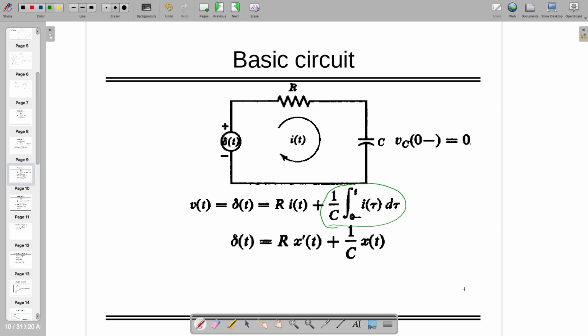I am assuming x prime of t, which is derivative of x divided by dt, is equal to I of t. Then this entire thing will be 1 by C times x of t, right? Just to make things easier, x of t is just a variable, right?